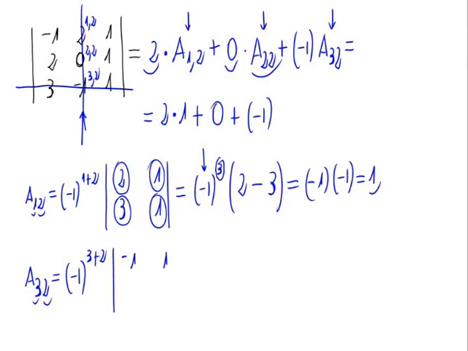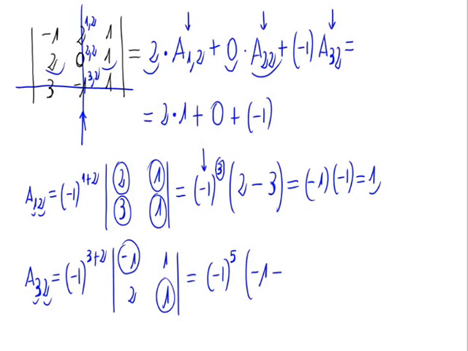That is -1, 2, and 1, 1. So this would be the same as -1 raised to the 5th, and the determinant would be -1 times 1 is -1 minus 2 times 1, that is -2.